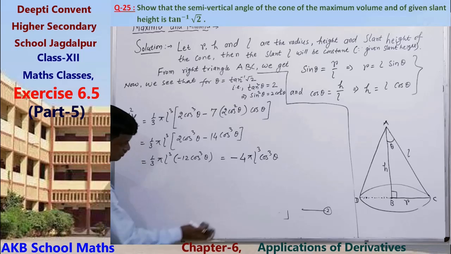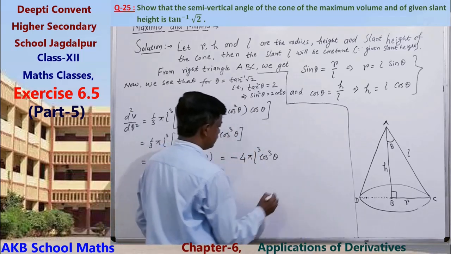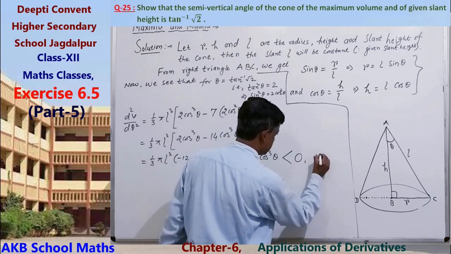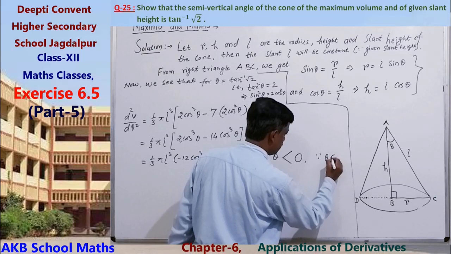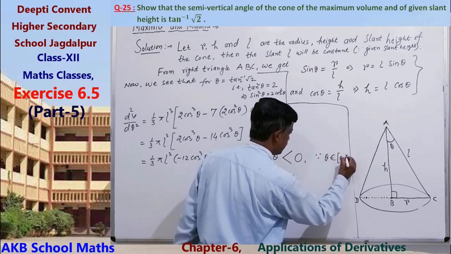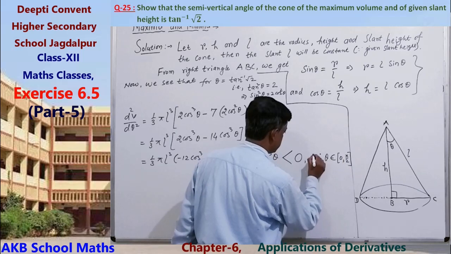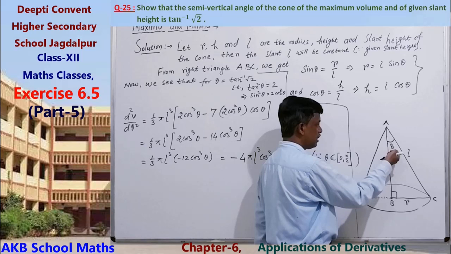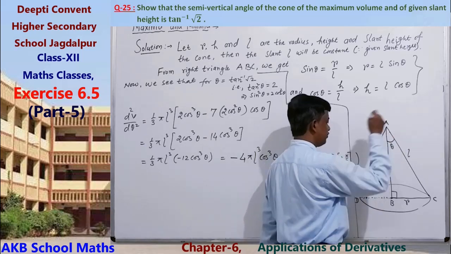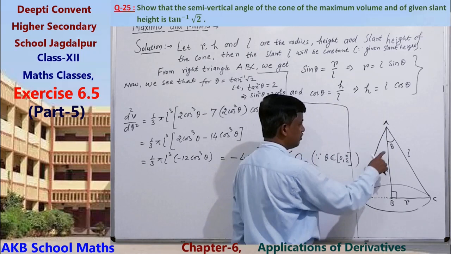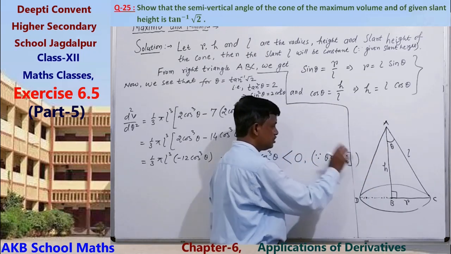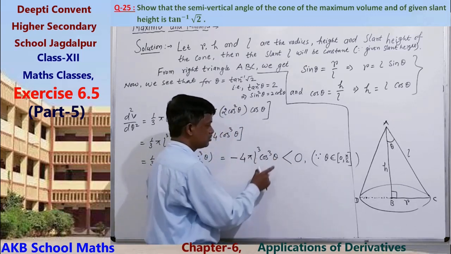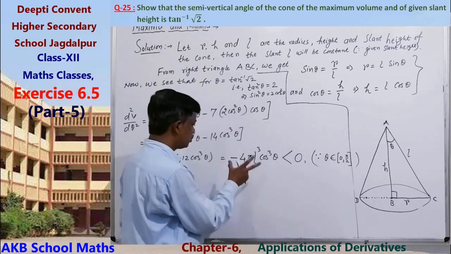Okay, the second derivative is less than 0 since theta belongs to 0 to pi by 2. Because theta is the semi-vertical angle, it can take a maximum value pi by 2 and minimum value 0. In this interval, cos theta is positive, so the cube of cos theta is positive, so the total is negative.